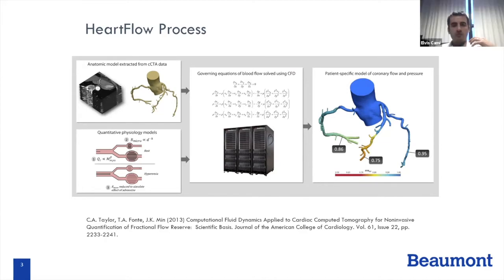From those CT data sets, they obtain the mass of the myocardium, which is the mass of the left ventricle, and also the volume of the coronary arteries, so the volume of the three main arteries, but also all of the small arterioles as well.